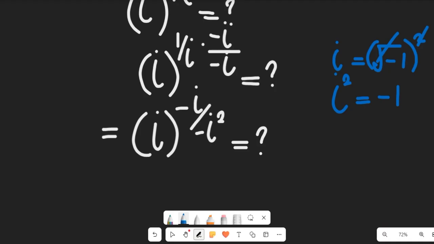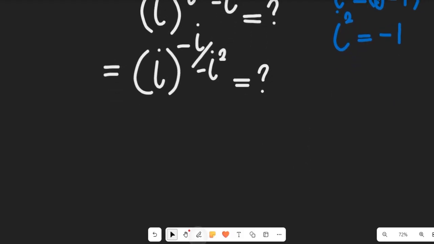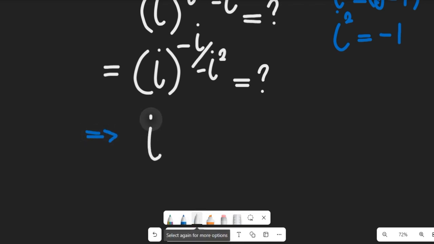So if i squared is negative 1, I can simply use it in this expression. This expression is going to simply give me i multiplied by negative i, divided by negative 1, right? Good.